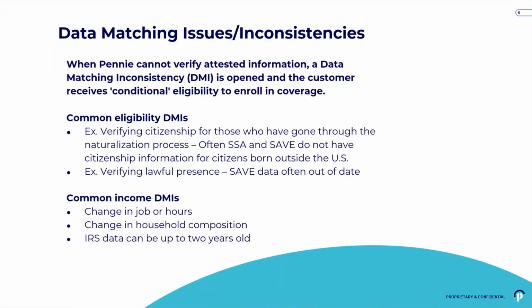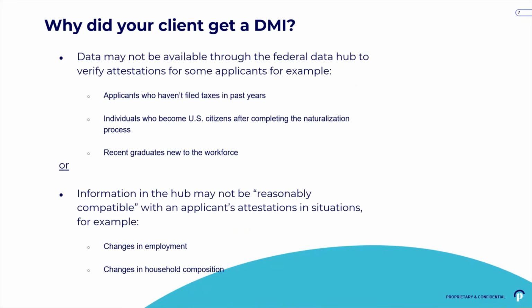Common DMIs are also due to a change in job hours or a change in household composition. IRS data can be up to 2 years old. So why did your customer receive this DMI? The data might not be available through the federal data hub to verify attestations from some applicants, for example, applicants who haven't filed taxes in the past couple years, or individuals who became U.S. citizens after completing the naturalization process.